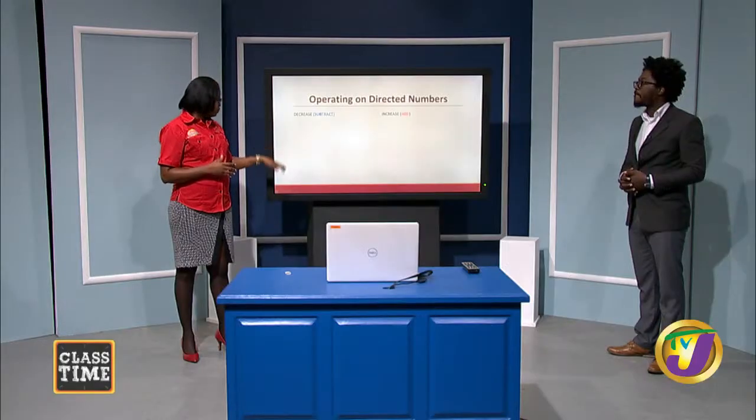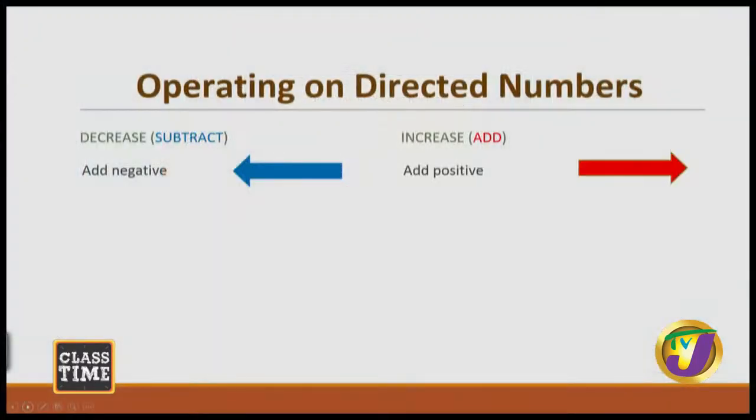So therefore, when there's a decrease in our value, we subtract. So in doing that, adding negative. Now, when Burrell got the money, he added a debt to his finances. When I gave him the money, I took out money from my purse.